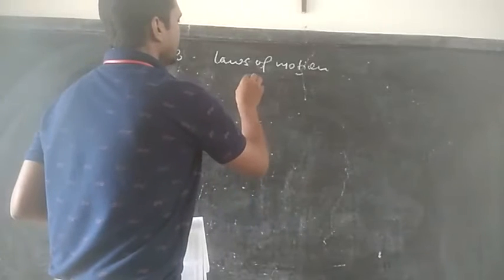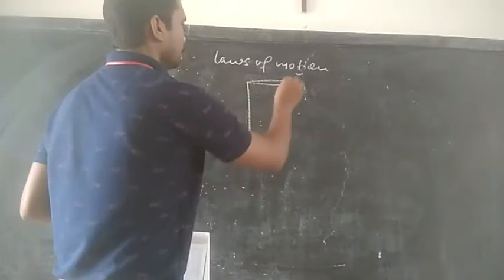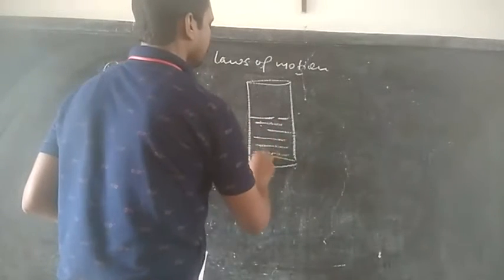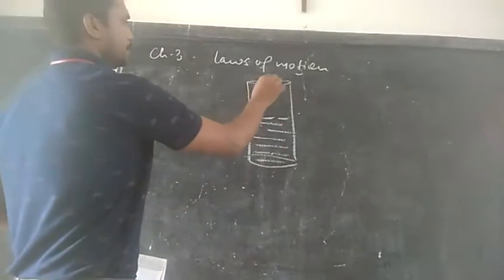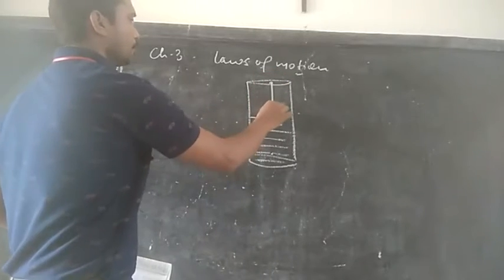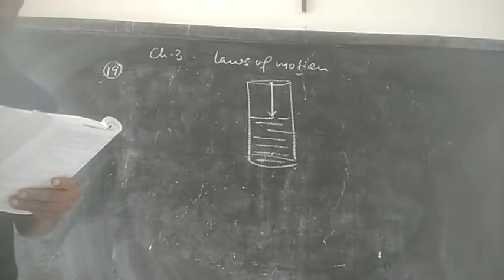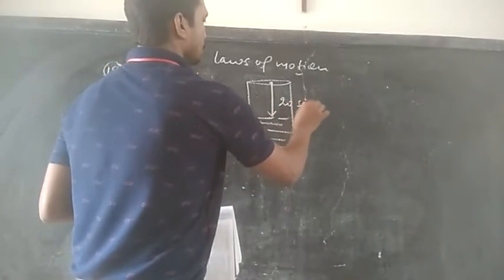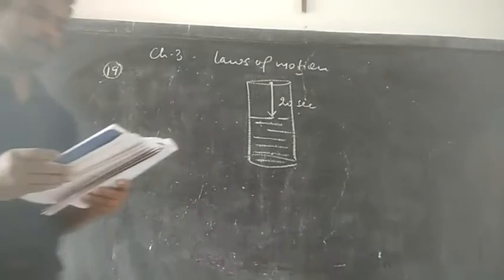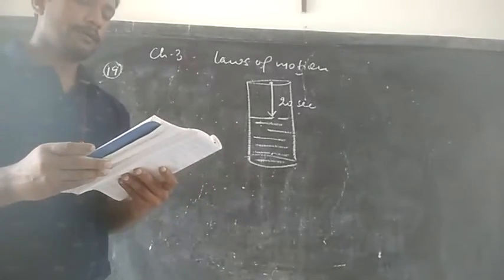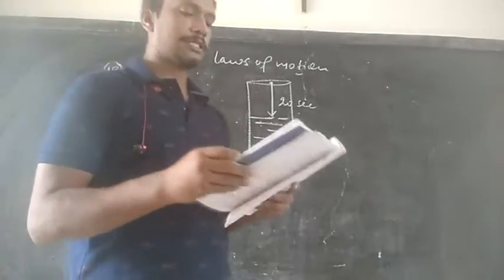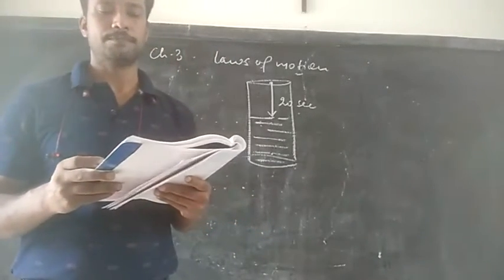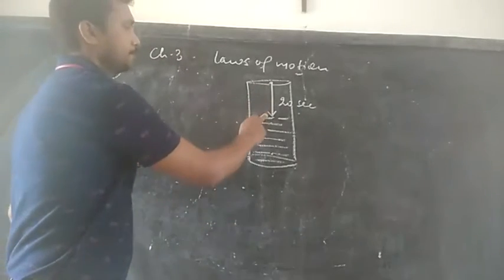If you consider this as the top of the well, and this is the level of water in the well, the pebble has been dropped from here and touches the surface of water in 20 seconds. Taking g as 10 meter per second square, and the speed of sound as 330 meter per second, find the depth of the water surface. So you have to find this height.